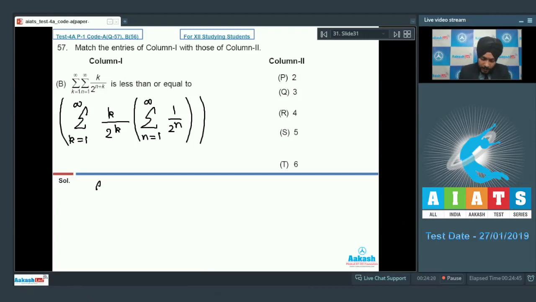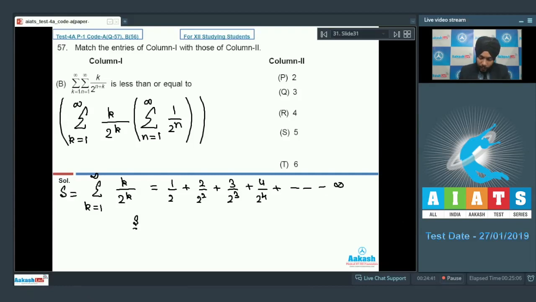So it is simply sigma k from 1 to infinity, k upon 2 power k, and that will be equal to 1 upon 2 plus 2 upon 2 square plus 3 upon 2 cube plus 4 upon 2 power 4 and so on till infinity. Let it be equal to s. So we'll write s by 2 now.